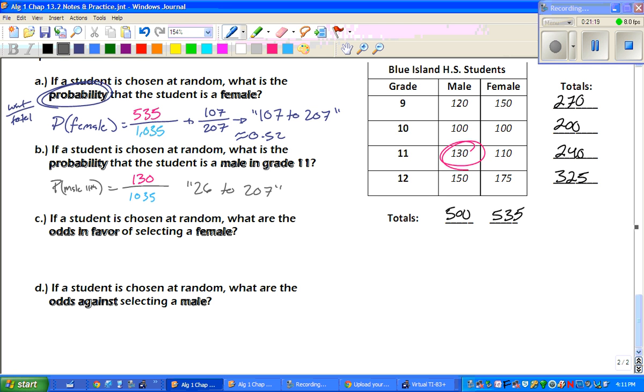Okay? C. If a student is chosen at random, what are the odds in favor of selecting a female? Okay? So, odds in favor are wanted goes on the top, which would be 535, and our unwanted goes on the bottom.